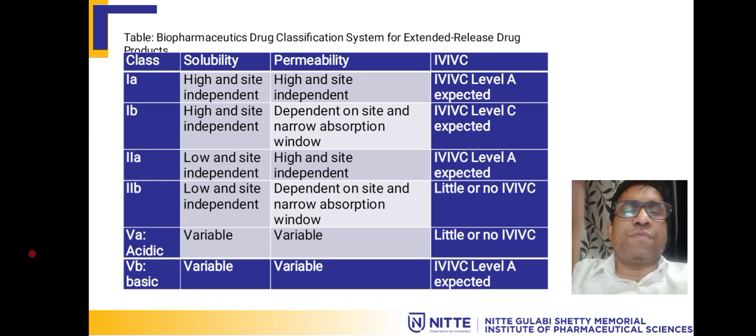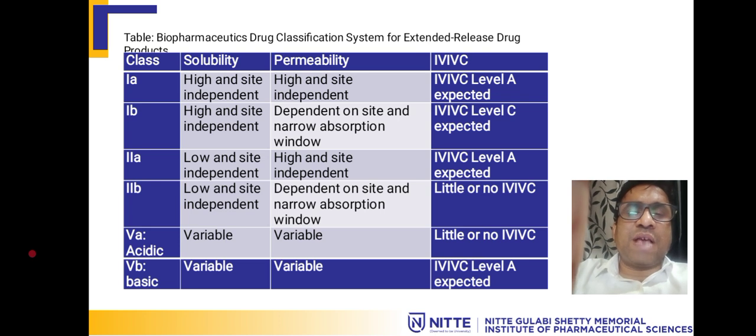In case of class 1B, high and site independent, depending on the narrow absorption window, so level C is expected. Class 2A, low solubility and high permeability, low and site independent, so IVIVC level will always be expected as A. Class 2B, low and site dependent, narrow absorption window, little or no IVIVC.